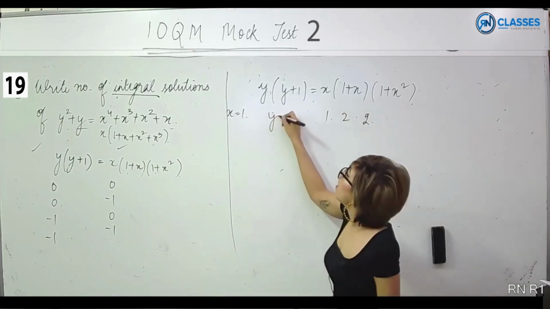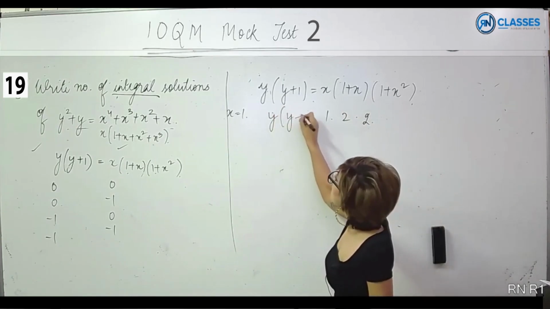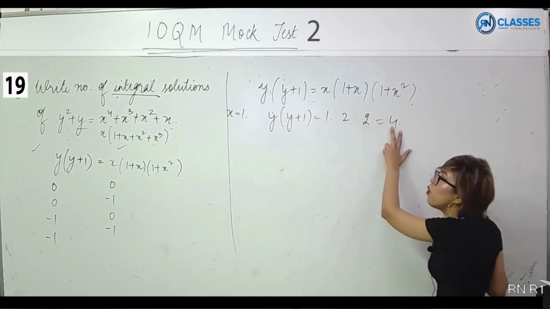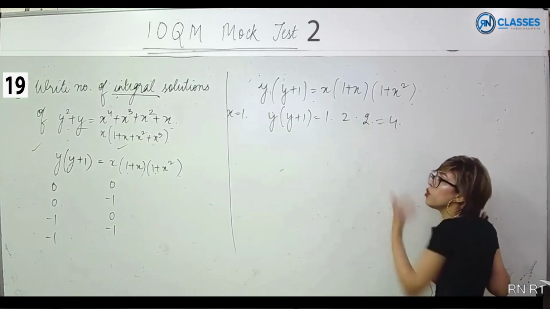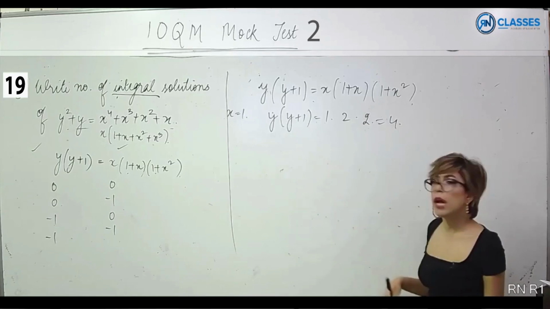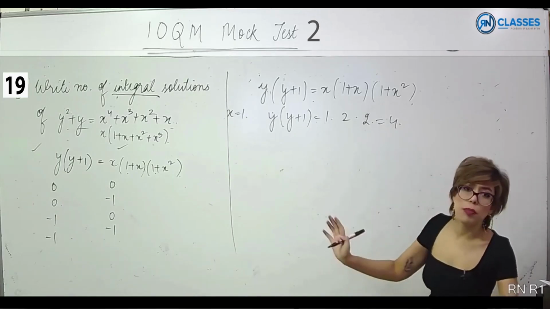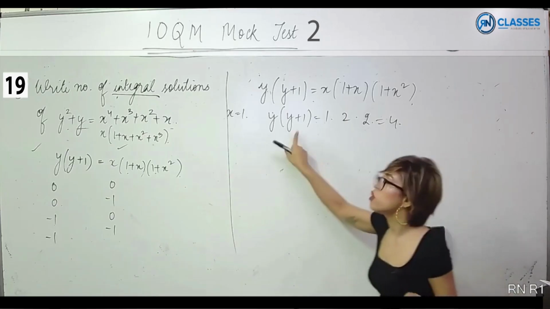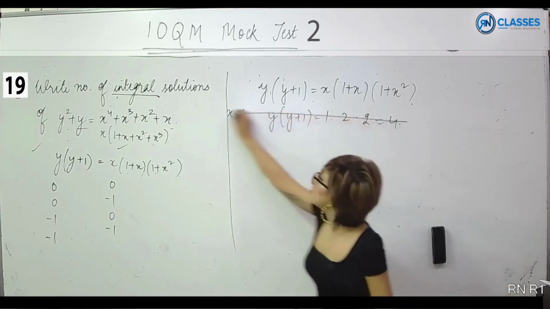And this is y into y plus 1. Now, this is 4. Can you think of splitting 4 as a product of 2 consecutive integers? I can't do that. I'm just talking about the positive ones: 1 into 4 or 2 into 2. Again, positive consecutive integers are not there. So this is not there.